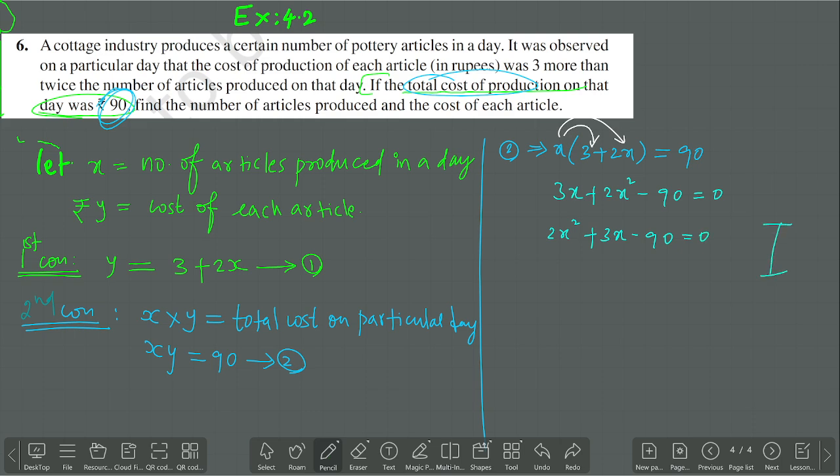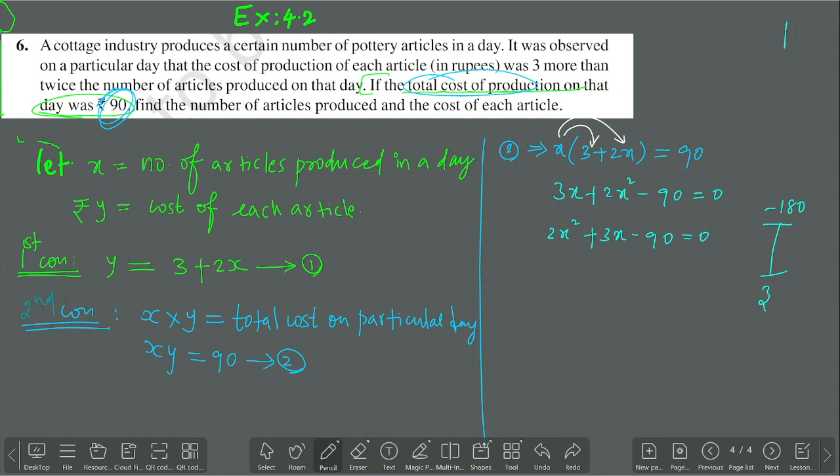So we have to go for factorization. That means the coefficient of x square, 2, and this we have to multiply. When we multiply, we get minus 180, and the addition value is plus 3.